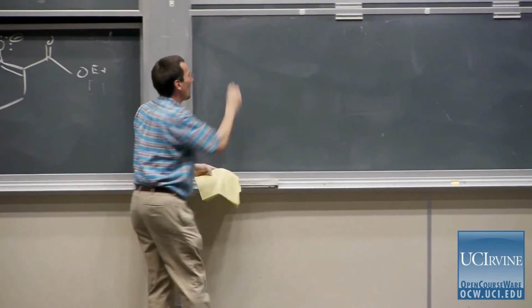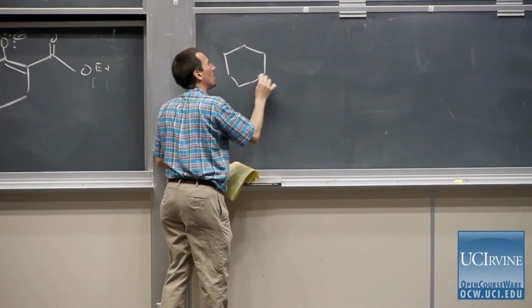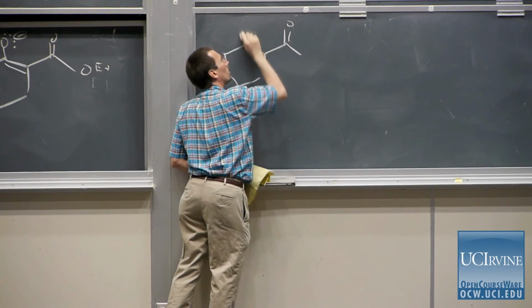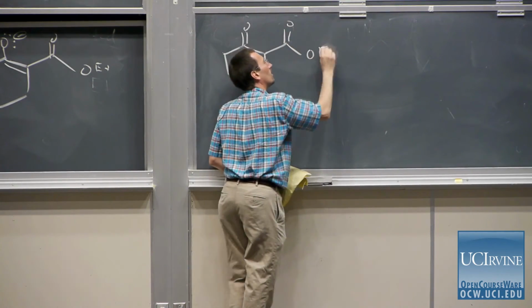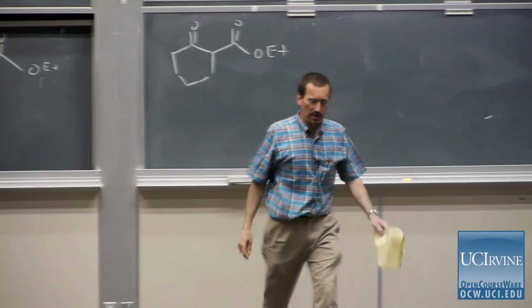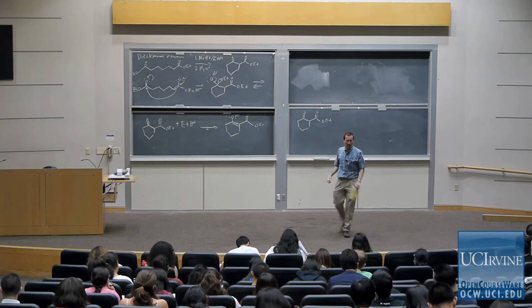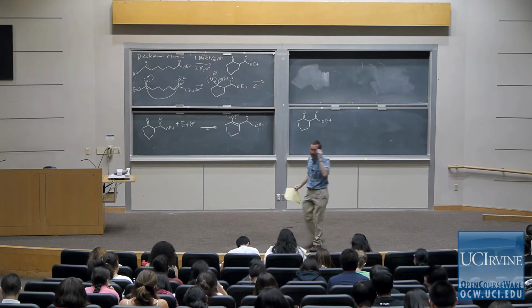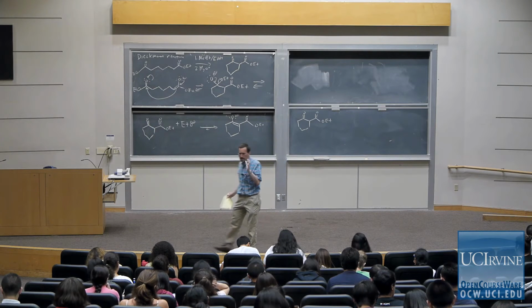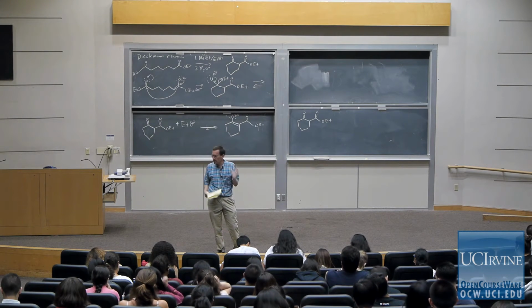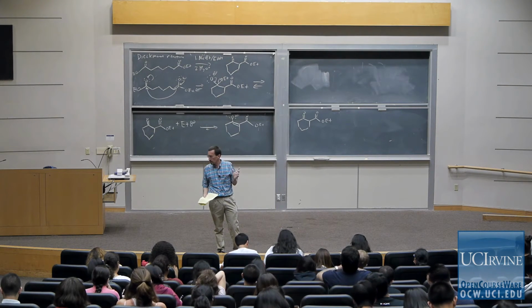So let's think about what we just saw. Here's our product. We use that product in a Robinson annulation. We use that product to make something very complicated from something a lot simpler.